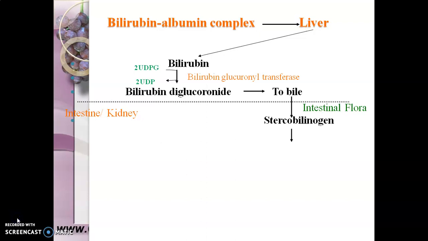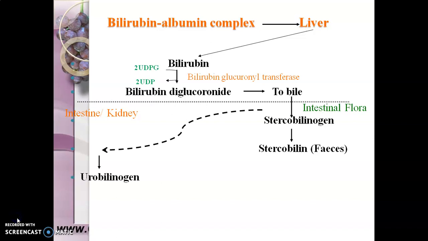This stercobilinogen on oxidation converts to stercobilin, which is excreted in feces. Before stercobilinogen is formed, urobilinogen is formed, which can be taken up by the enterohepatic circulation into the circulation, and finally this urobilinogen can reach the kidney and be excreted in the form of urobilin.